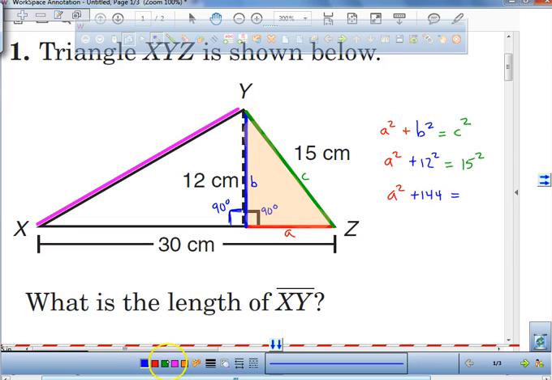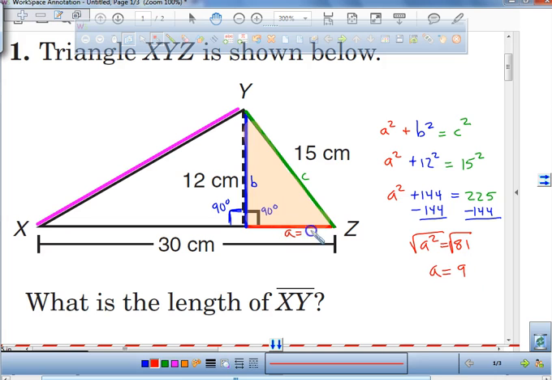And that is equal to 15 squared, which is 225. And when you take away 144 from both sides, you get a squared is equal to 81. And when you take the square root of both sides, you get A is equal to 9.